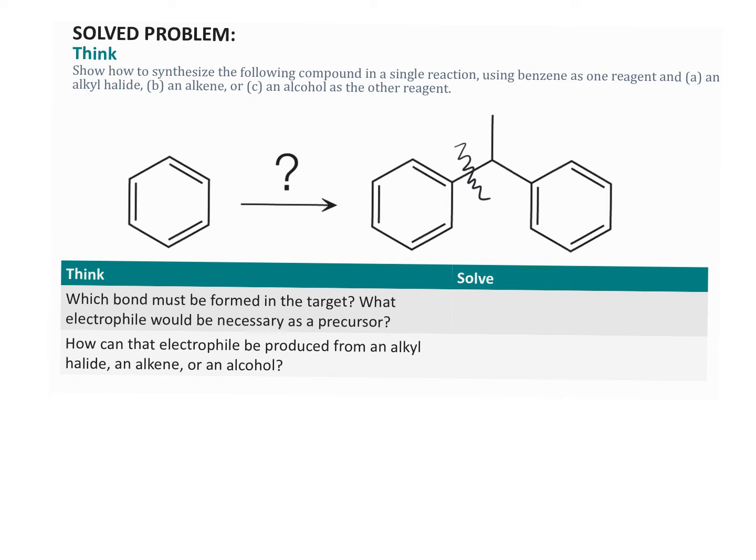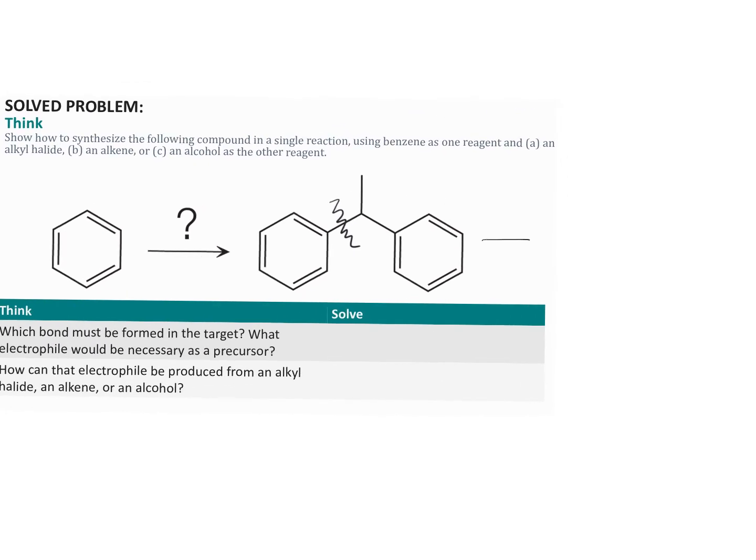Because when we think about what electrophile would be necessary as a precursor, if we undid that, we're basically undoing an electrophilic aromatic substitution reaction where we would have benzene, as mentioned, plus this electrophile here.